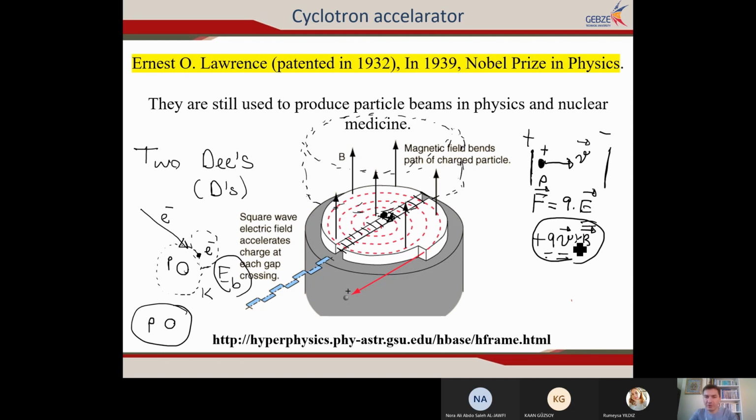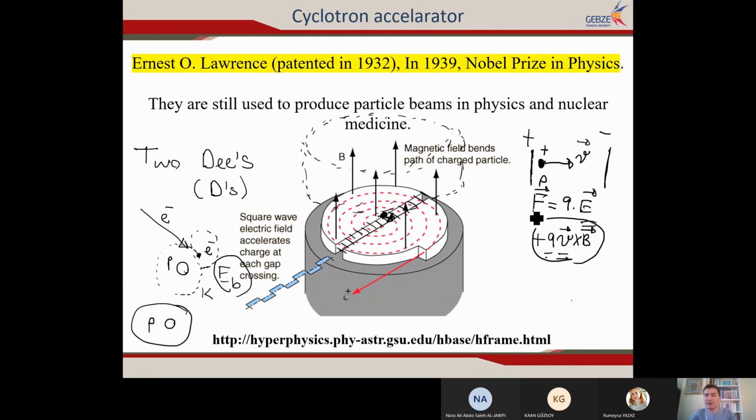So first, a force acts on the proton due to the electrical field here between the Ds. And when the proton has velocity, another force, the second part of the Lorentz force, will act on the proton due to the magnetic field between the magnet poles here, right?